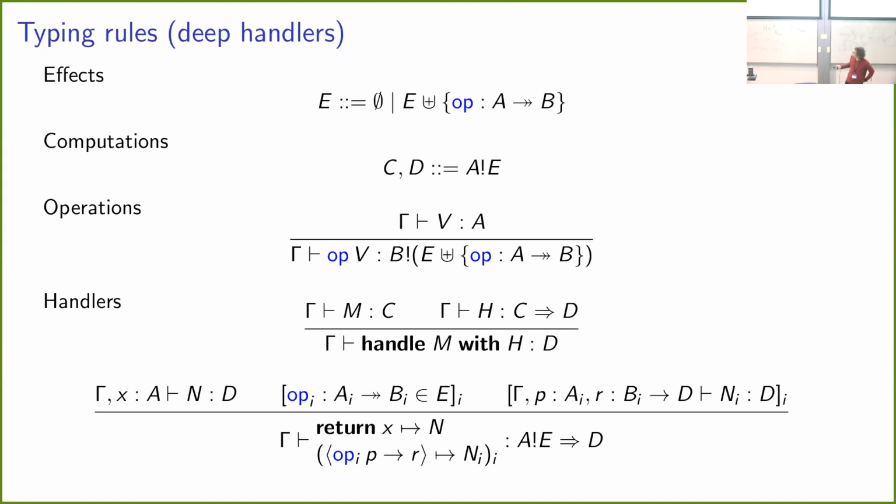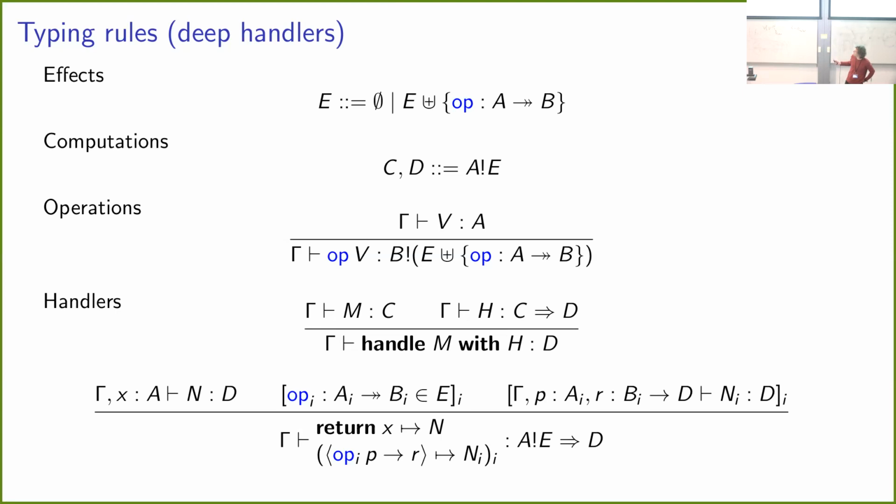Oh yeah, here are some typing rules. I don't want to spend too long on the typing rules, but effects are basically sets of these operation signatures. And then a computation type, as I said before, is a pair of a value type, ranging over A, B, etc., and an effect type. For operations, I think the typing rule is pretty obvious.